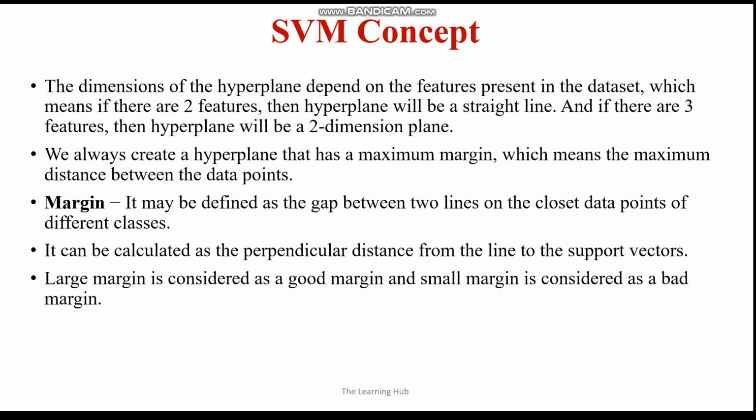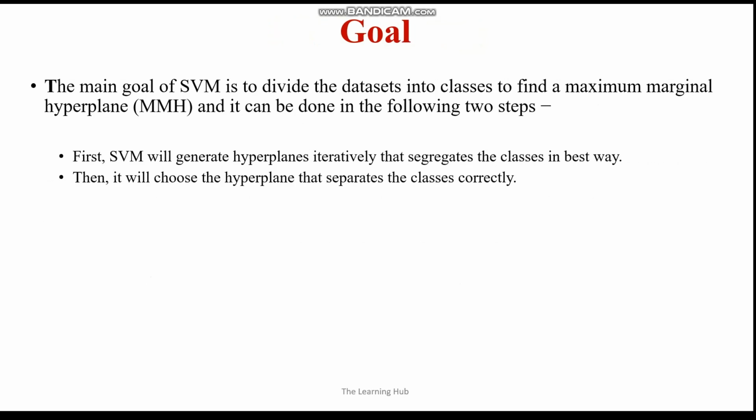We always create a hyperplane that has maximum margin, as we have discussed. It may be defined as the gap between the two lines. It can be calculated as the perpendicular distance from the line to the support vectors. The goal of a support vector machine is to divide the data sets into classes. That is what we have to do. Basically, we have to do classification, and we have to find the maximum marginal hyperplane.